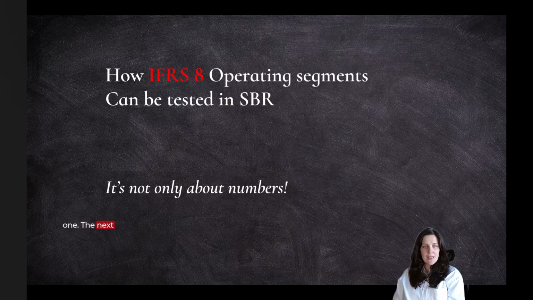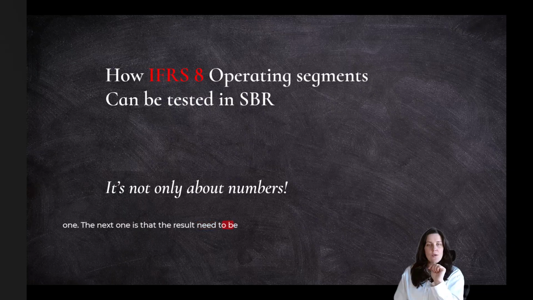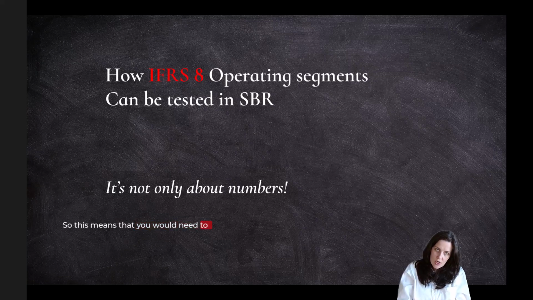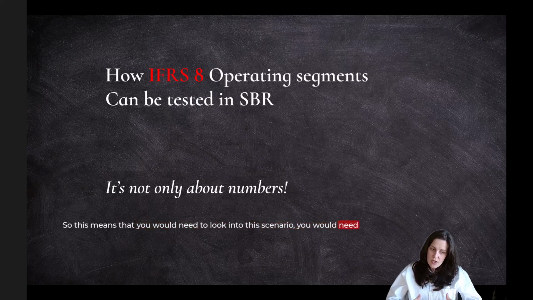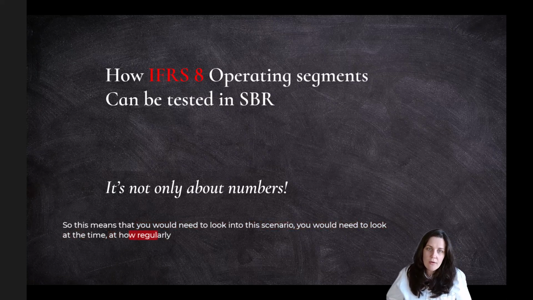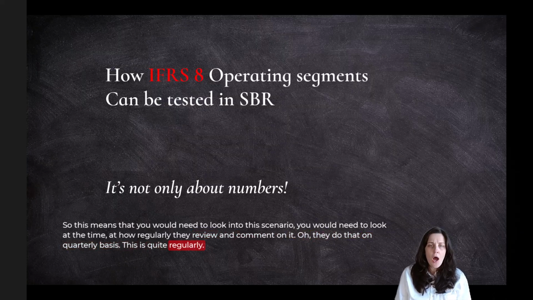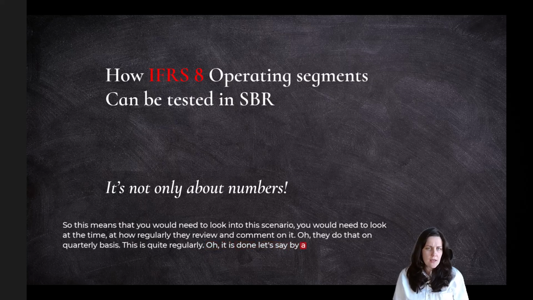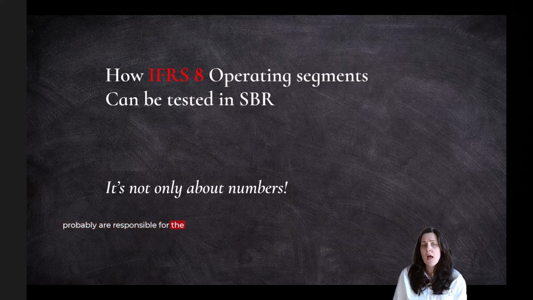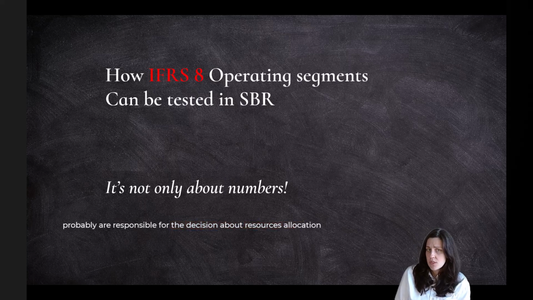The next one is that the results need to be reviewed regularly by the chief operating decision maker. So this means that you would need to look at the scenario, you would need to look at the timing, like how regularly they review, and say that, oh, they do that on a quarterly basis. This is quite regular. Oh, it is done by, let's say, the CFO, and they are probably responsible for the decision about resources allocation.